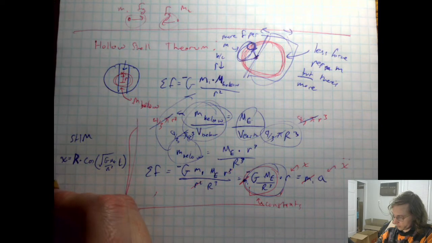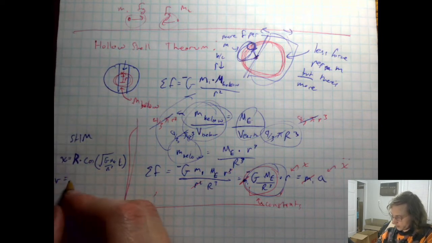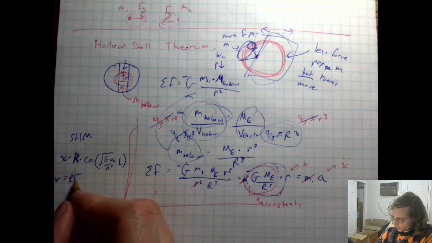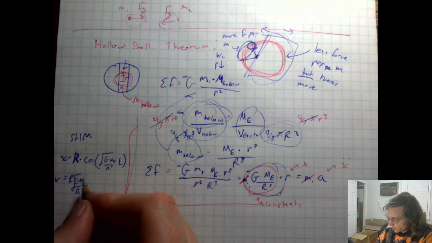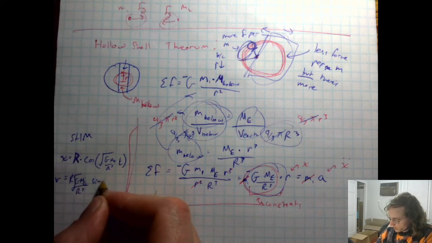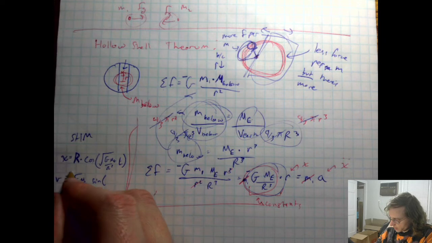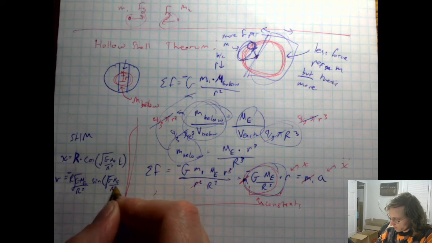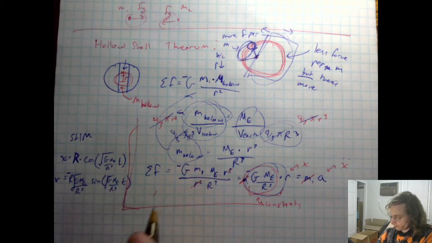will be our x location. For our velocity, we'll have the root of G M Earth over the radius of the Earth cubed times the sine of that same constant, G M_E divided by R cubed, times our time.